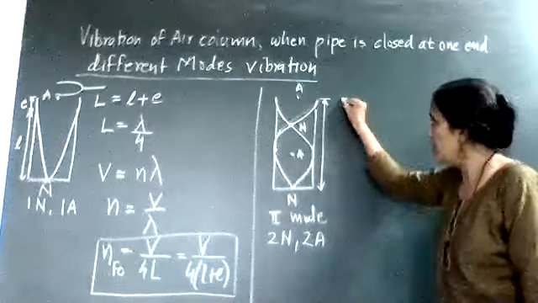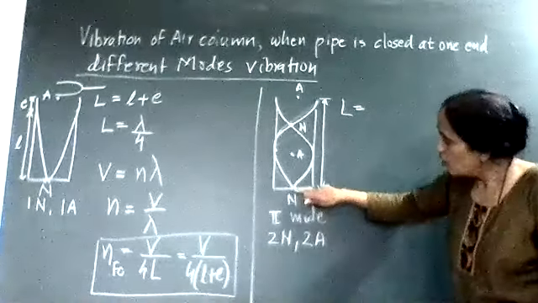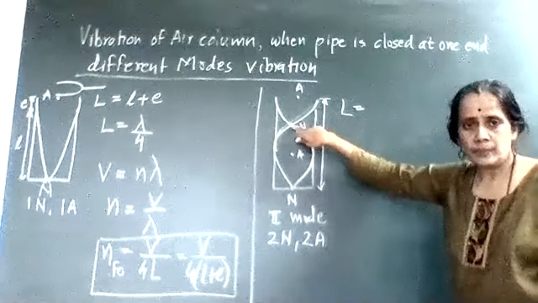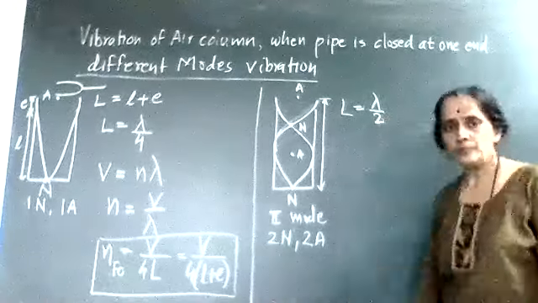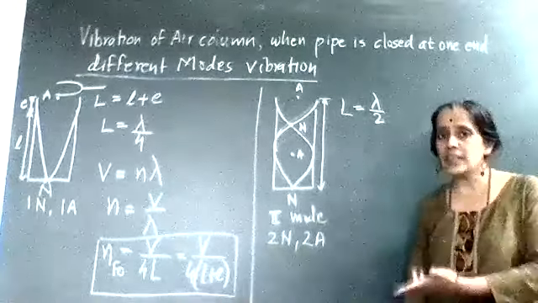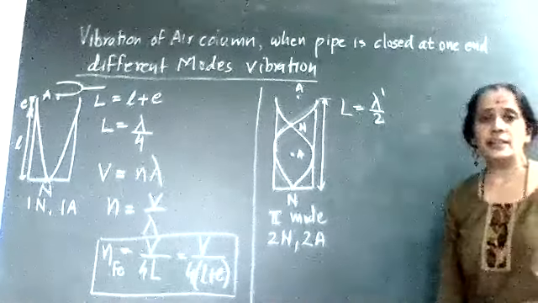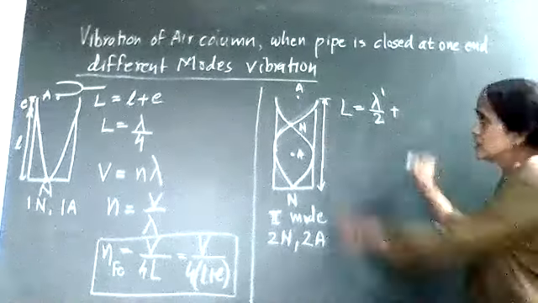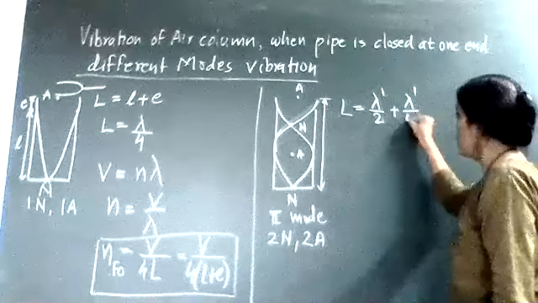Now due to formation of these two nodes and two antinodes, the length of air column L can be written as, now see here, one complete loop, and the length of one loop is nothing but lambda by 2. Right? But here I am getting the second mode, so the wavelength is definitely different. So I will call it lambda dash by 2 plus this half part of the loop, which is lambda dash by 4.